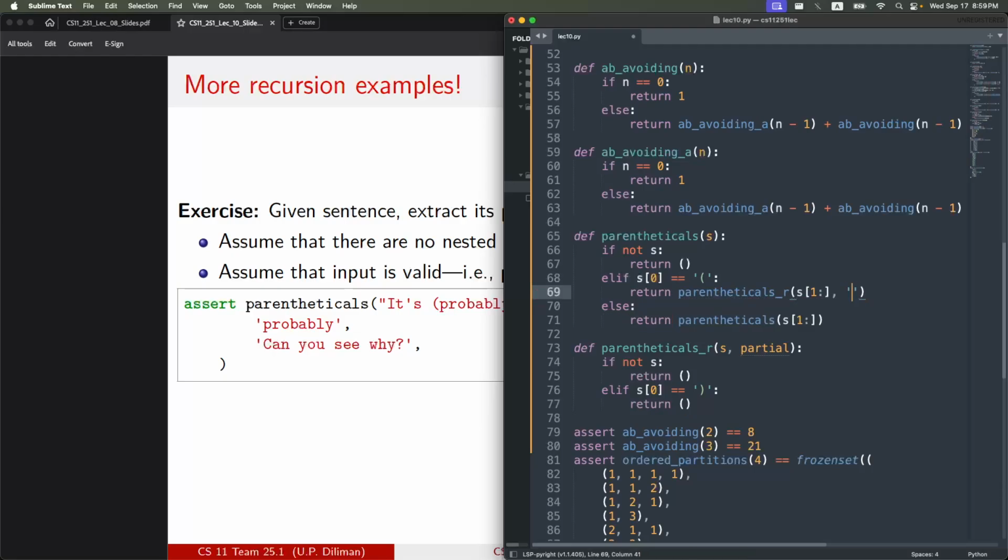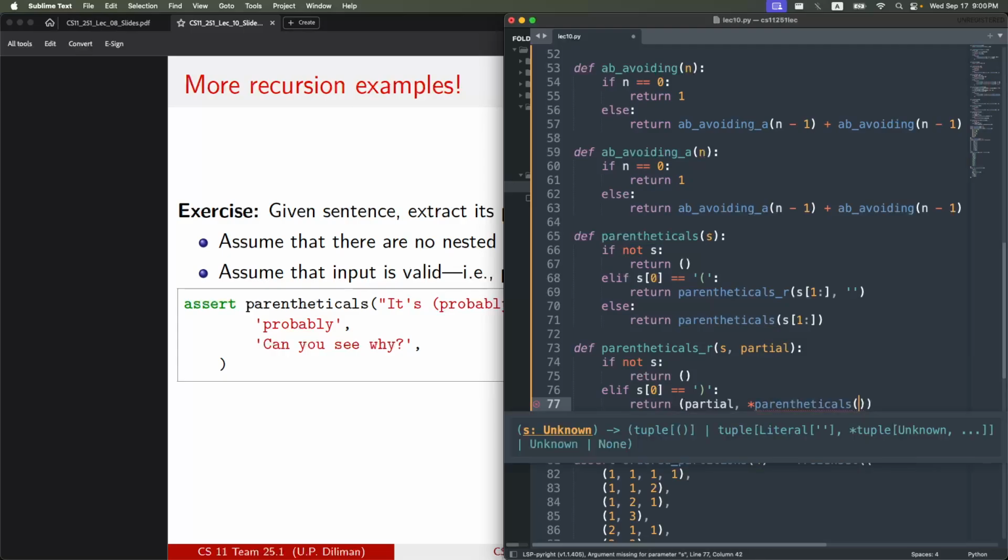I will build a string containing the parenthetical that we are trying to find. Let's include the partial here, and then whatever parentheticals we can still find in the rest of the string.